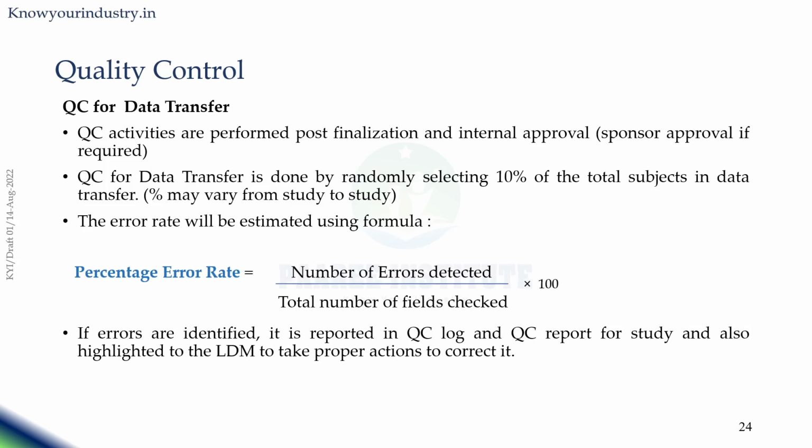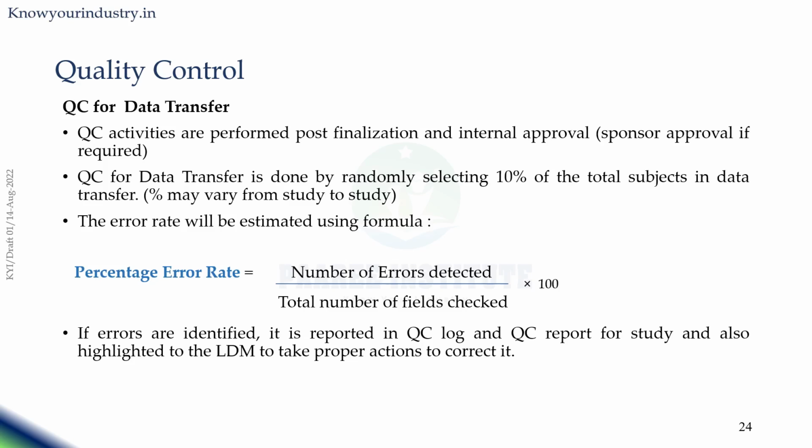Quality control. Quality control occurs at every step, which we already discussed in the DMP, in the quality control plan section. QC activities are performed post finalization and internal approval, and a percentage error rate is calculated by randomly selecting 10%, or as agreed by the sponsor, and it also varies from study to study.